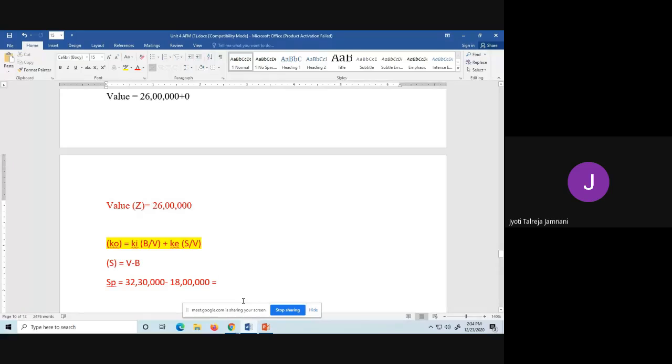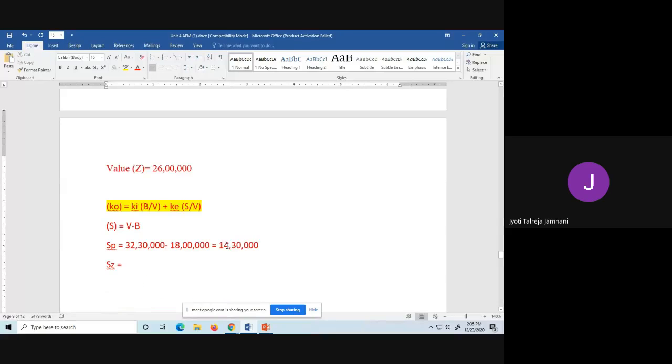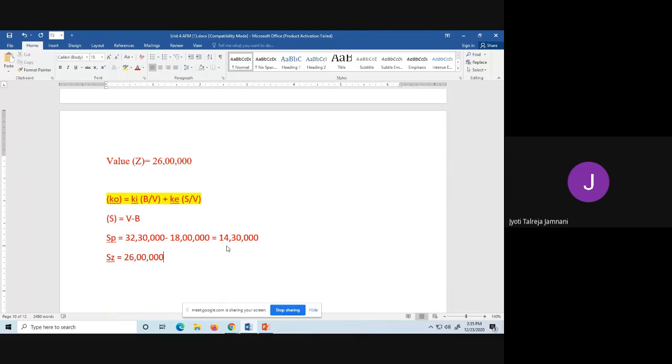So 32 lakh 30,000 minus 18 lakh is 14 lakh 30,000, which is the value of equity for P. Now we'll find the value of equity for firm Z. So value of the firm for firm Z is 26 lakh minus the borrowings, which is 0 because firm Z doesn't borrow anything, which is equal to 26 lakh. The whole amount is for equity. Now that we know both the firms' equity value, we can put it in this formula and find the weighted average cost of capital for both the firms.